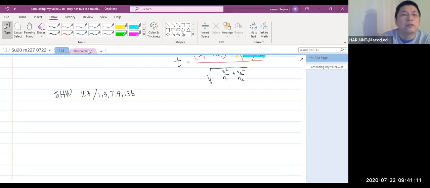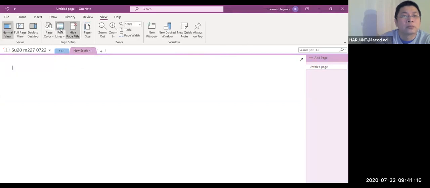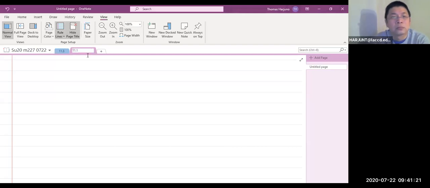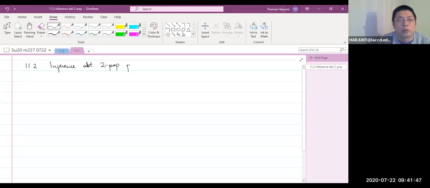Okay, now how about 11.1? Let me go on. 11.1, when we are comparing two population proportions. Inference about two population proportions.